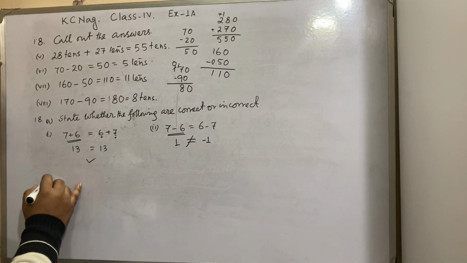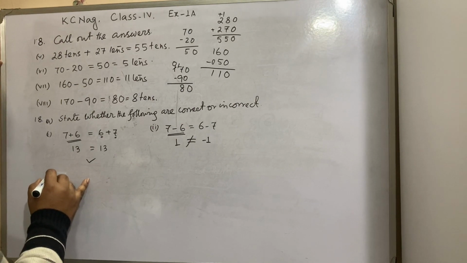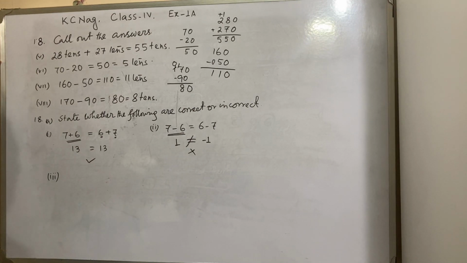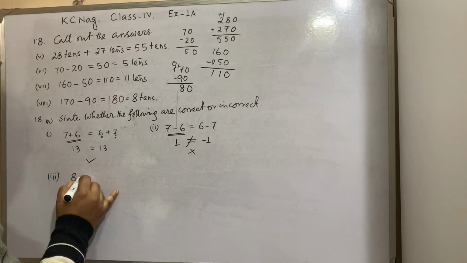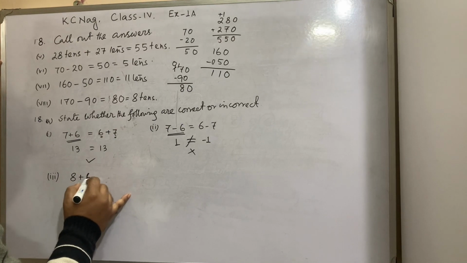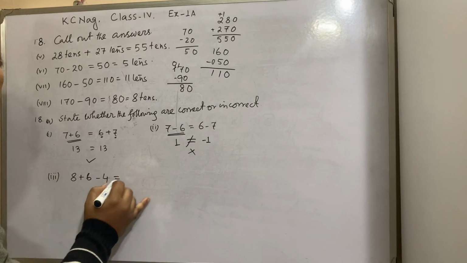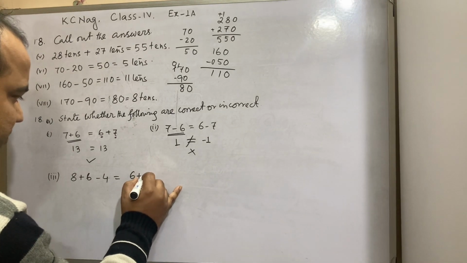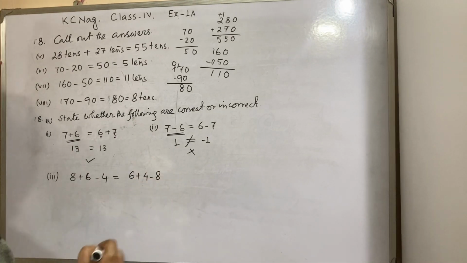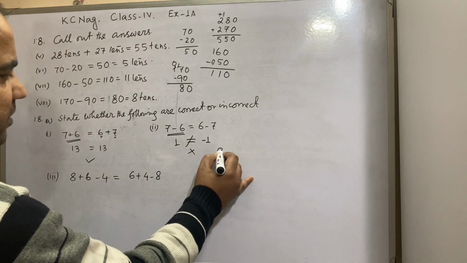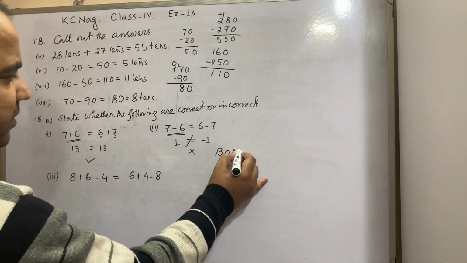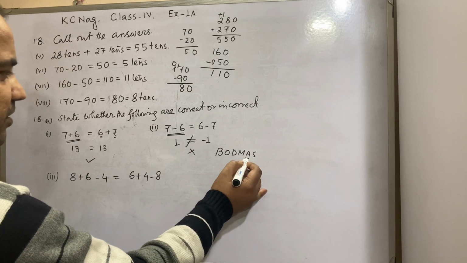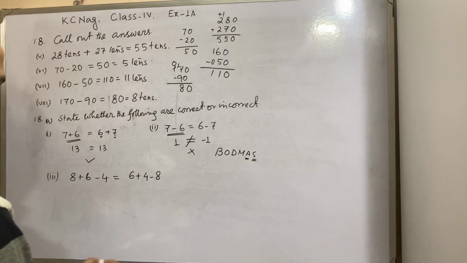Question number 3 says 8 plus 6 minus 4 is equal to 6 plus 4 minus 8. According to the BODMAS rule, which I explained to you in the previous class, addition will be done first, then subtraction.